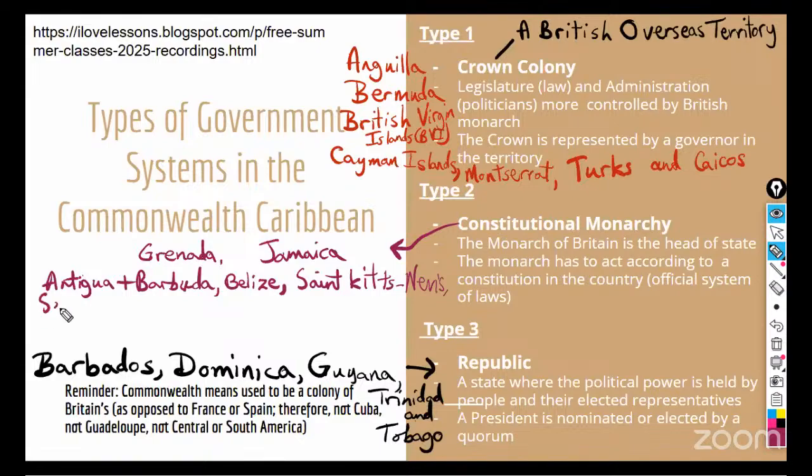St. Lucia. St. Vincent and Grenadines. The Bahamas, yes. Did I leave out Bahamas? Yes, I did. Sorry about that. So Bahamas.